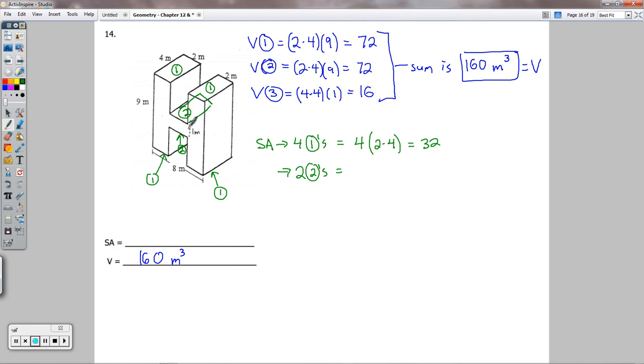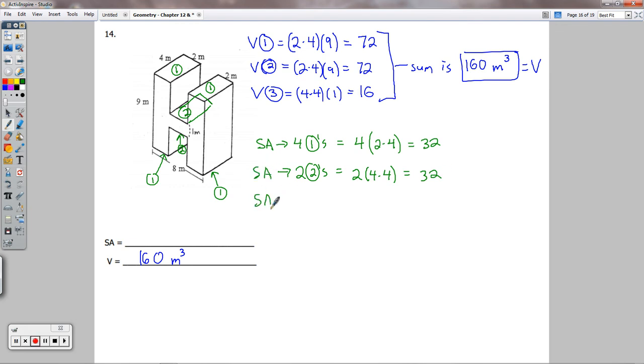We already said that it has to be 4 across here, since this is 8 all the way across, 2 is here and 2 is here. So I should say 2 of the 4 by 4s. So 4 times 4 times 2, that's 32 again.